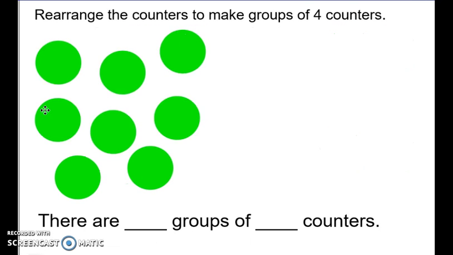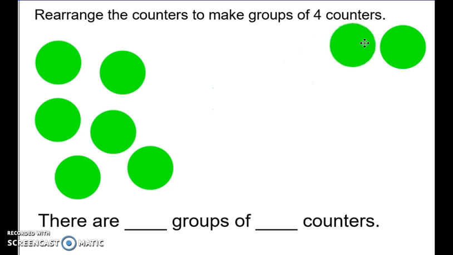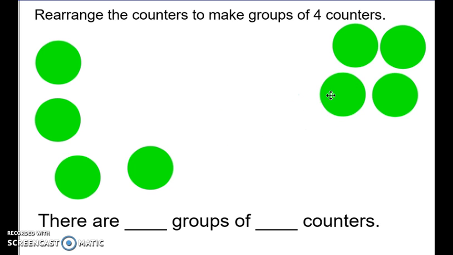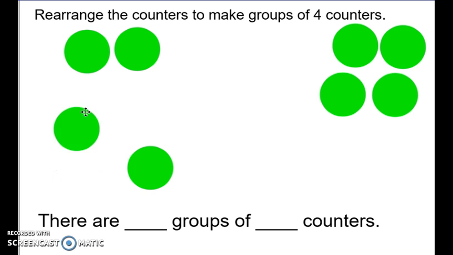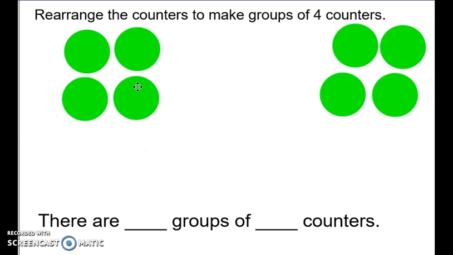Let's do another one. Here we have our green counters again. This time we are going to rearrange the counters to make groups of 4 counters. So I'm going to put them in groups of 4. So here's my first group. There's 1, 2, 3, 4. And then here's my second group. 1, 2, 3, 4.